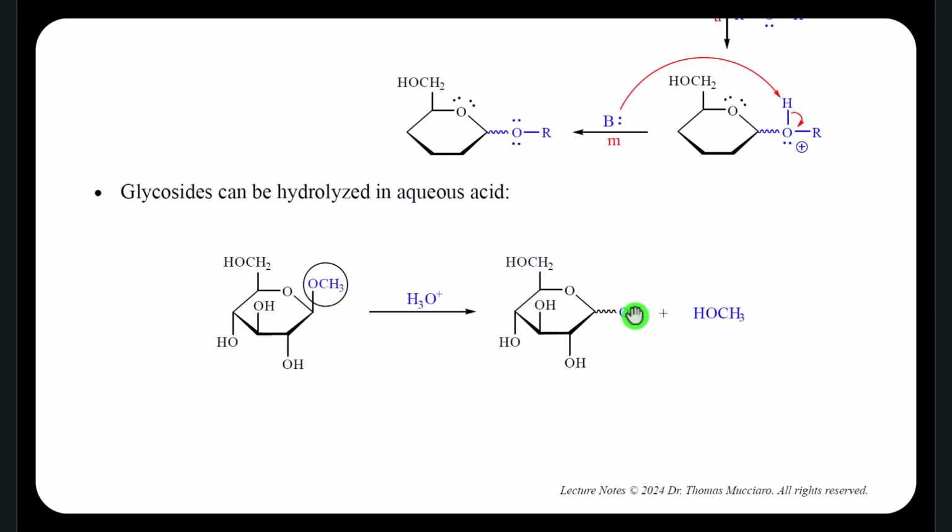It should be noted that both in the mechanism and this example, we have not specified the stereochemistry of the hydroxyl group, nor did we specify the stereochemistry of the glycoside. We get a mixture of both stereochemistries in most cases, where some of it has the added hydroxyl group cis to the tail, which would be beta, and some has it trans to the tail, which would be alpha.